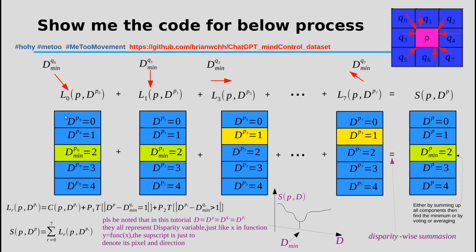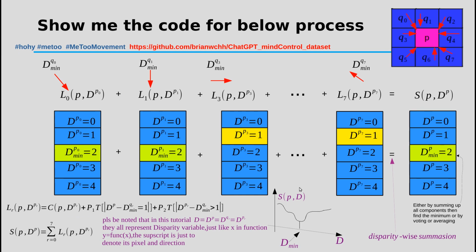So for the 0 dimension, you need to know its neighbor Q0's minimum disparity position, and for L1 you need neighbor Q1's minimum disparity position, and then you use this to add the penalty value and get the overall cost map.